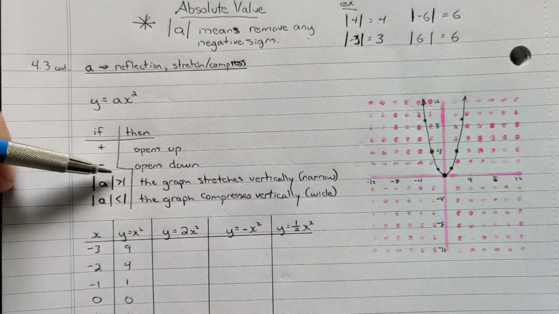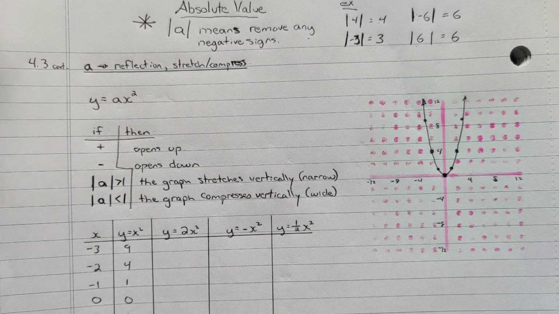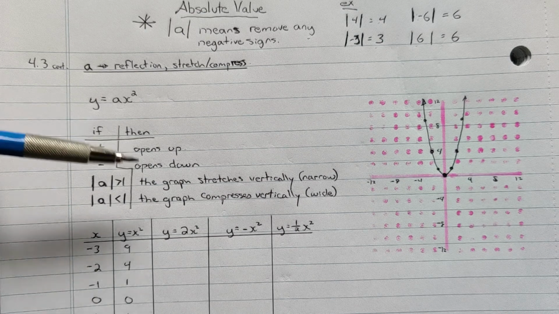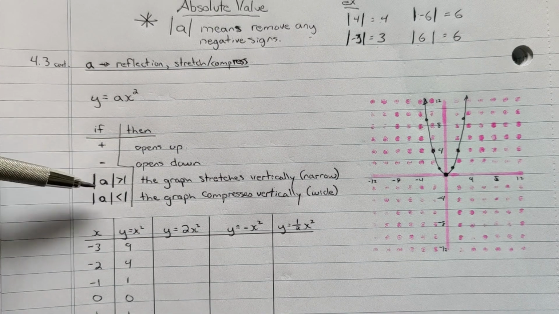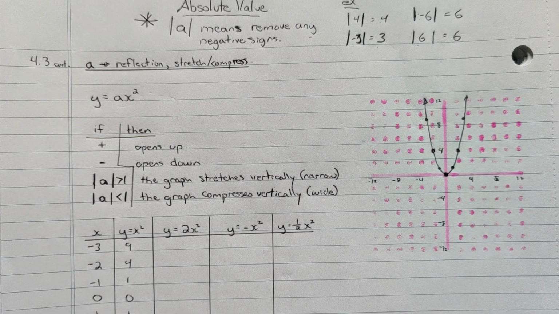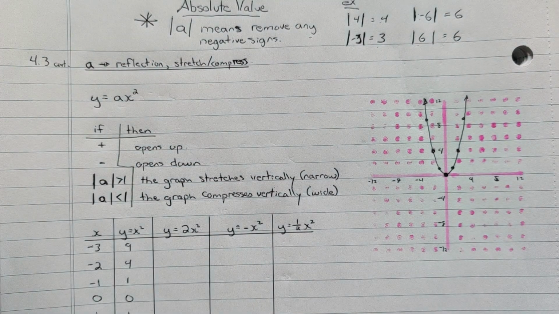If the absolute value of the a value is greater than 1, so if it's 1.01, 2, 20, 79.68, it's going to make the graph stretch or narrow. In the case of the absolute value being less than 1, so between 0 and 1, negative 0.2, 0.4, 1/2, 1/8, those are all going to compress the graph down, so they're going to push it down, and it's going to end up widening. And we'll take a look at that here.